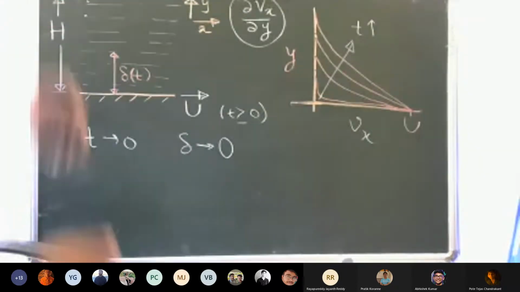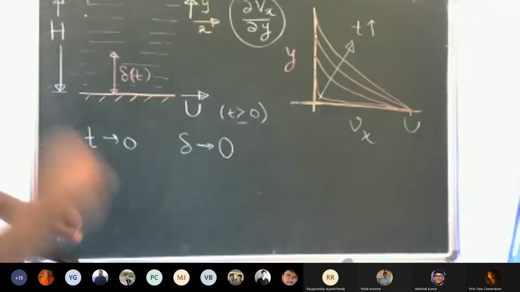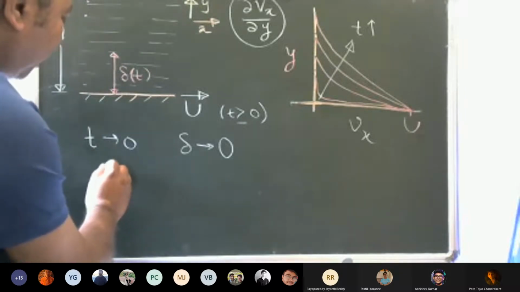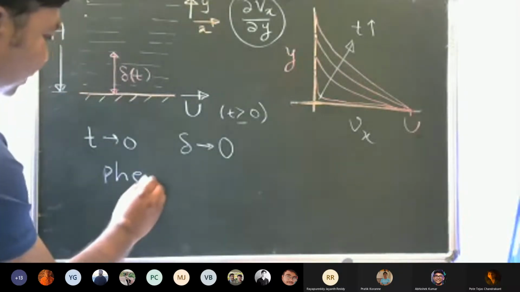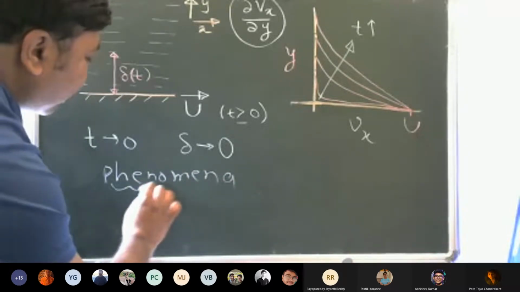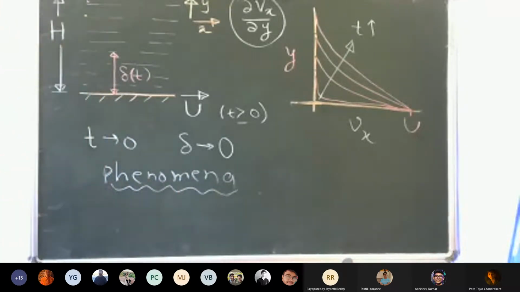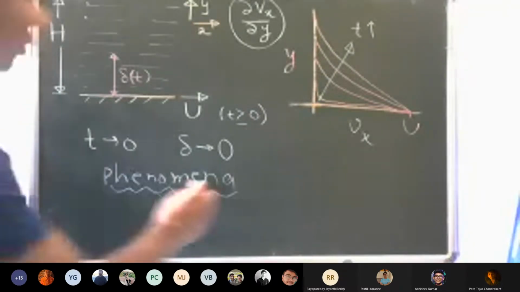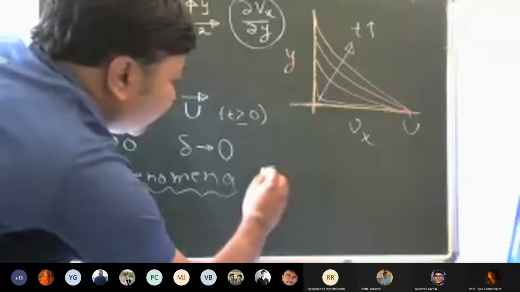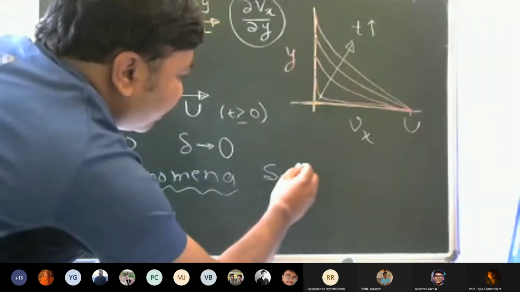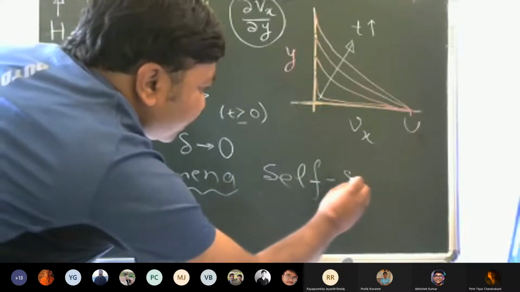Now I'm writing a very important term. If you consider the various layers, the phenomenon of the disturbance or the stress propagation at different layers is similar to each other. This is called self-similar.